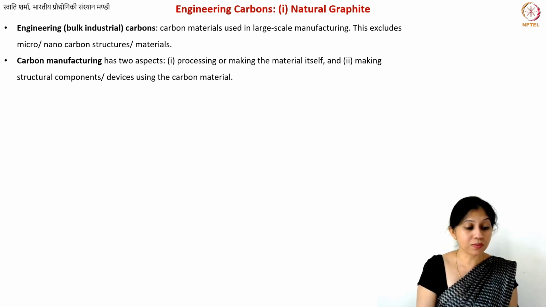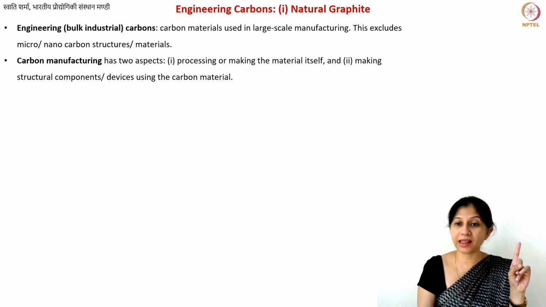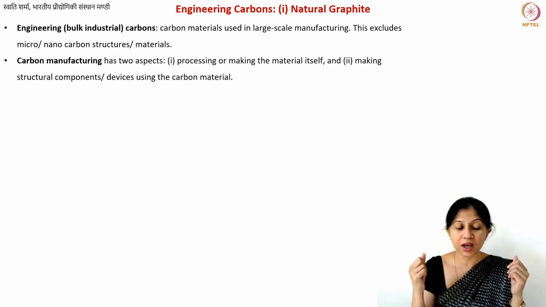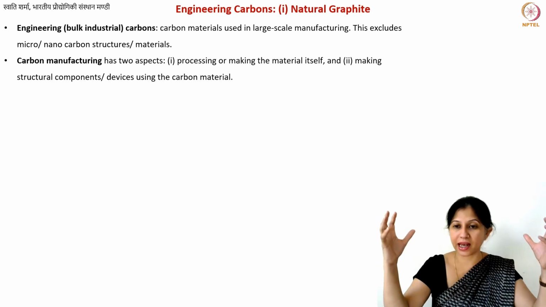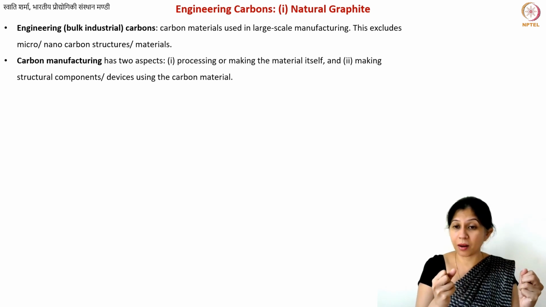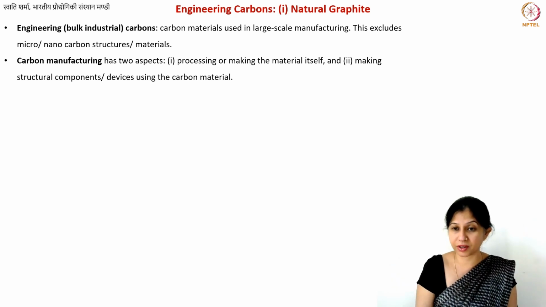Now we'll talk about, as I said, carbon-based manufacturing. Carbon-based manufacturing has two aspects: making the material itself, and then making something out of that material, a structure, a device, whatever. You can even take bulk material and mix it into something. For example, you can take a lot of carbon black, mix it into certain rubbers, and manufacture tires out of it.